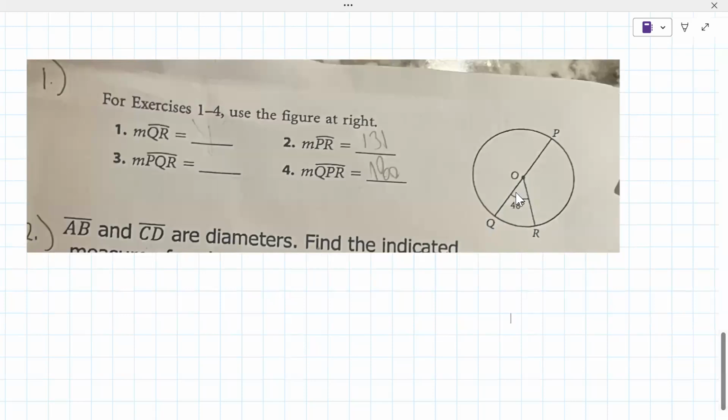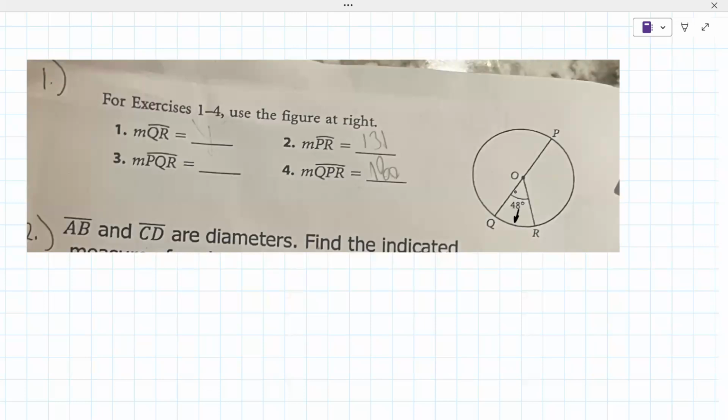That would be a central angle. Okay, that's true. So what does the measure from Q to R become?